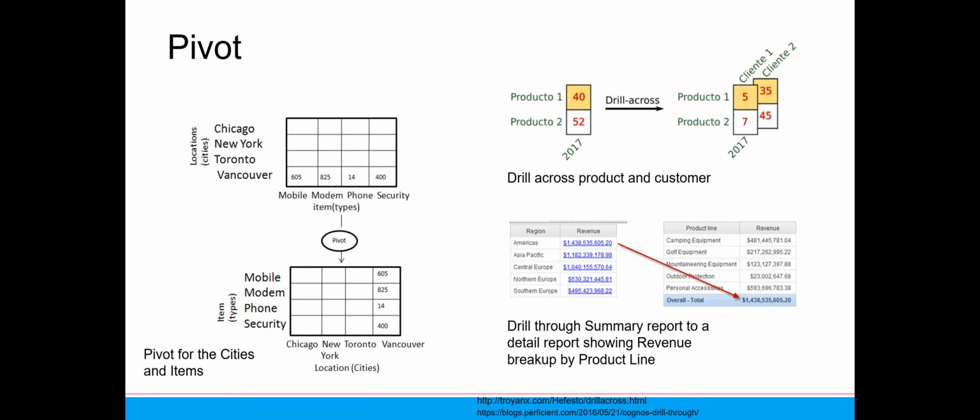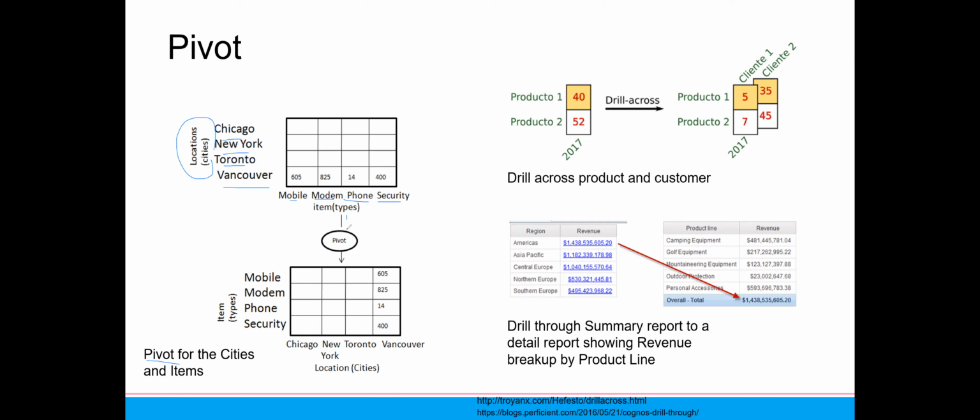Pivot. Pivot means we want to change the structure. Let's say I have the location: Chicago, New York, Toronto, Vancouver, and then I have the items: mobile, modem, phone, security.